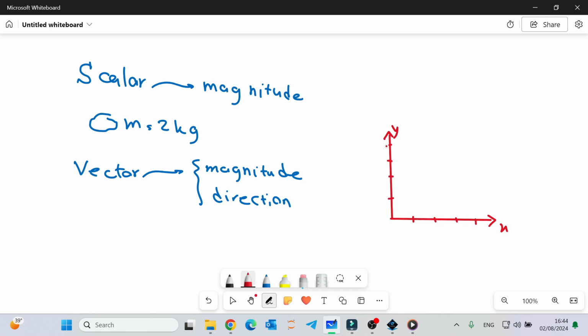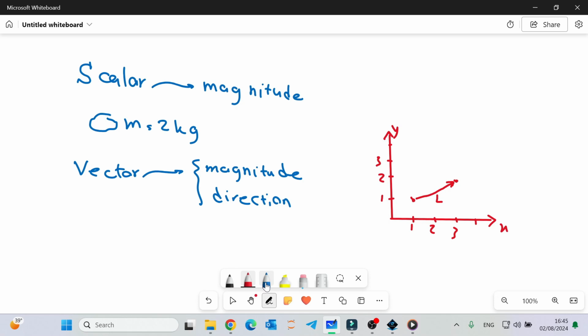This is 1, 2, 3 in y direction. This is 1, 2, 3 in x direction. For example, I want to connect this point (1, 1) to, let's say, this point. This is my vector. So this vector, as you can see, has a direction and also a magnitude, which is L.